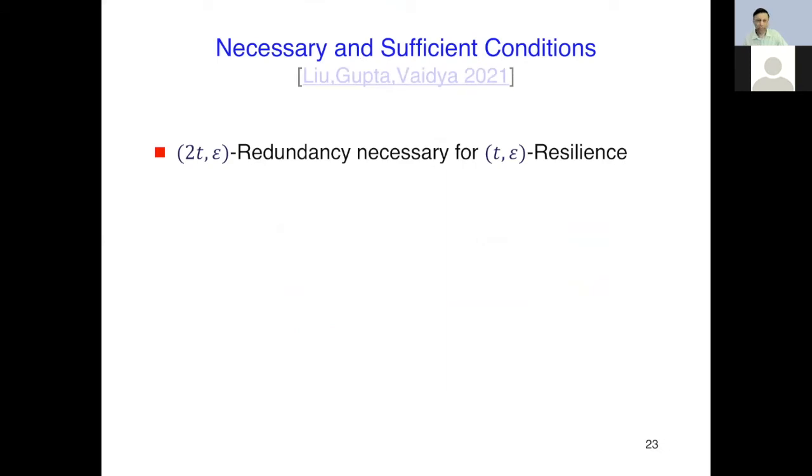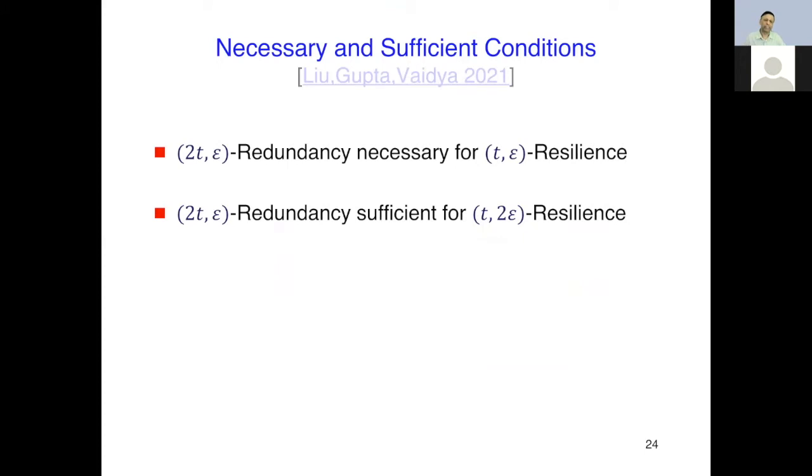In fact, the epsilon parameter can be quite small if your noise in this particular example is not very large. So this is what we are able to show: that 2t, epsilon redundancy is necessary for t, epsilon resilience, and 2t, epsilon redundancy is sufficient for t, 2 epsilon resilience. So there's a gap here between the necessary and sufficient conditions at this point.